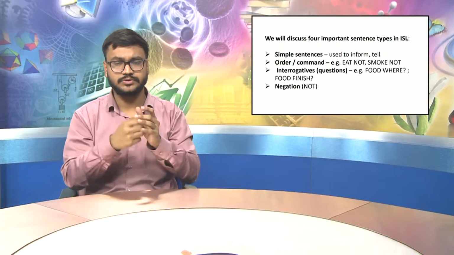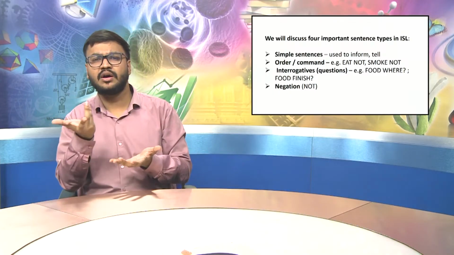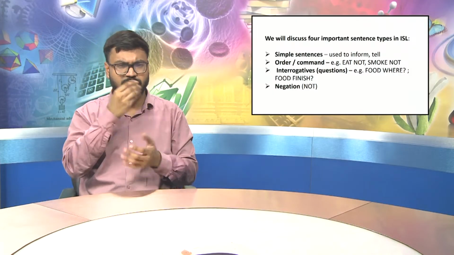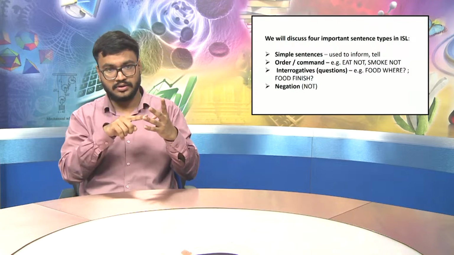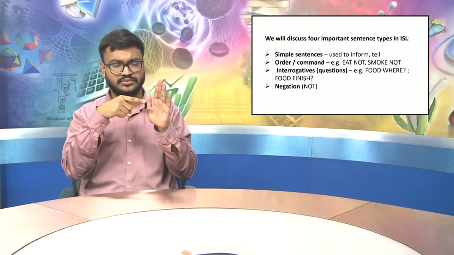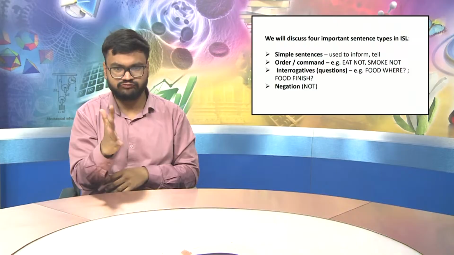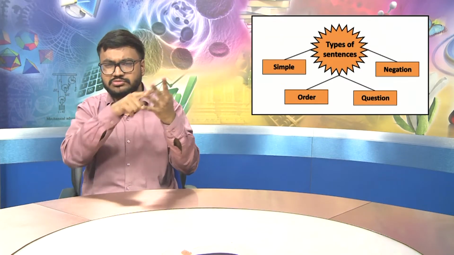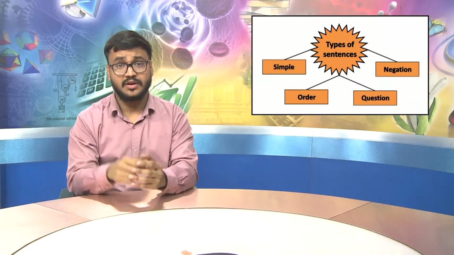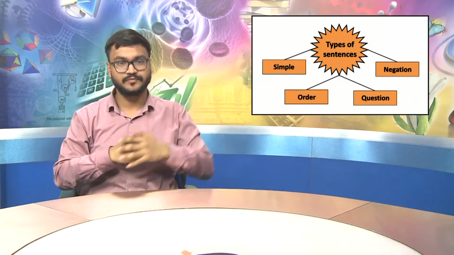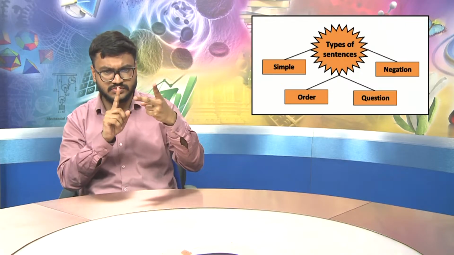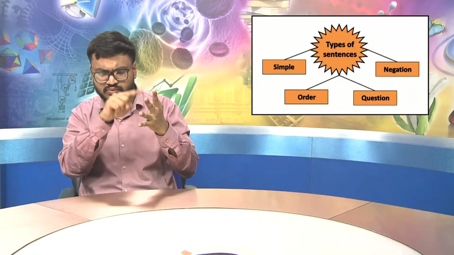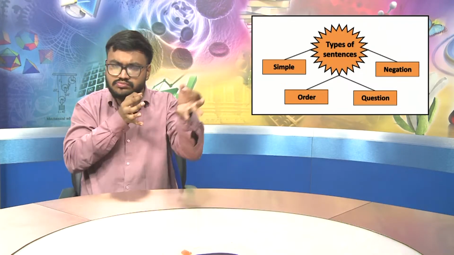Third is interrogative or questions. And fourth is negative. Basically, there are 4 types of sentences. We can see on the screen: simple, order, question, and negative.